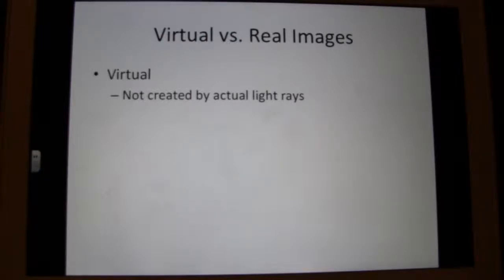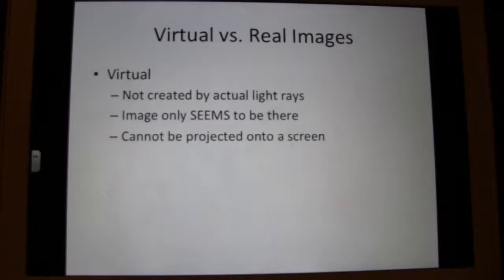However, we know that the object is not actually located there. The image only seems to be there. If we were to place a piece of paper or a screen behind the mirror where the object appears to be, the image will not be projected onto a screen because light doesn't actually pass behind the mirror and wouldn't hit the screen.